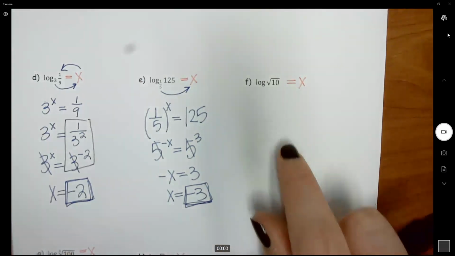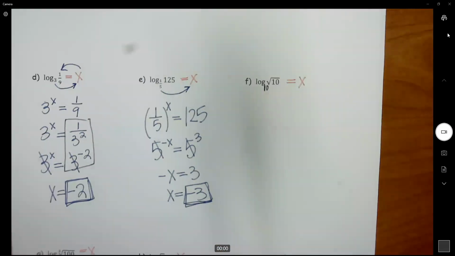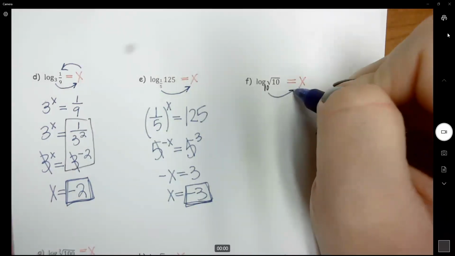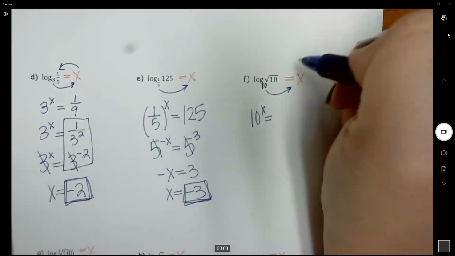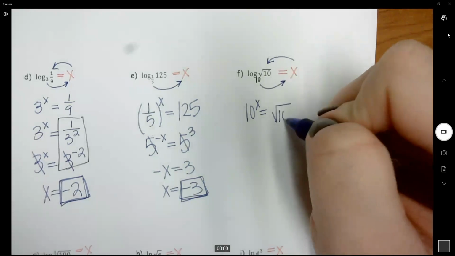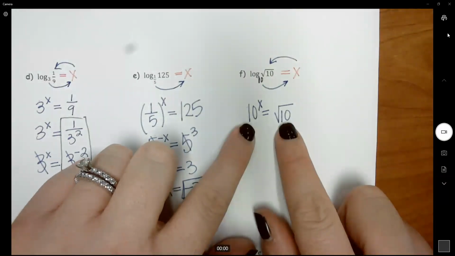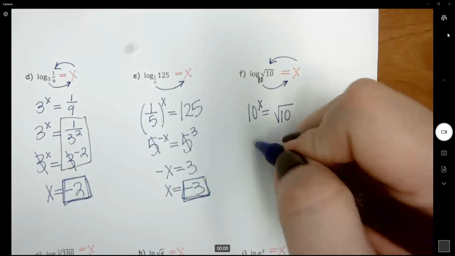With this one, we have to know that that's the common log, and the common log has a known base of 10. So this is 10 to the x power equals the square root of 10. They almost have the same base. I can rewrite this one with a rational exponent.